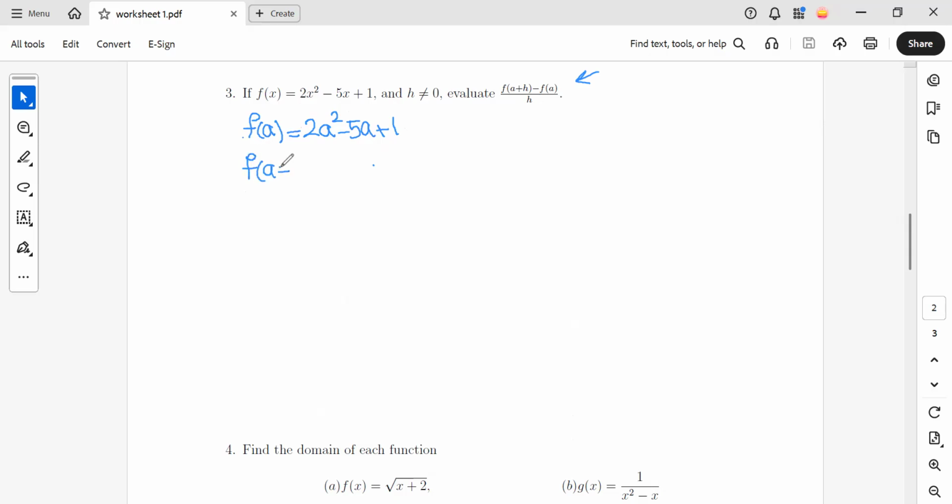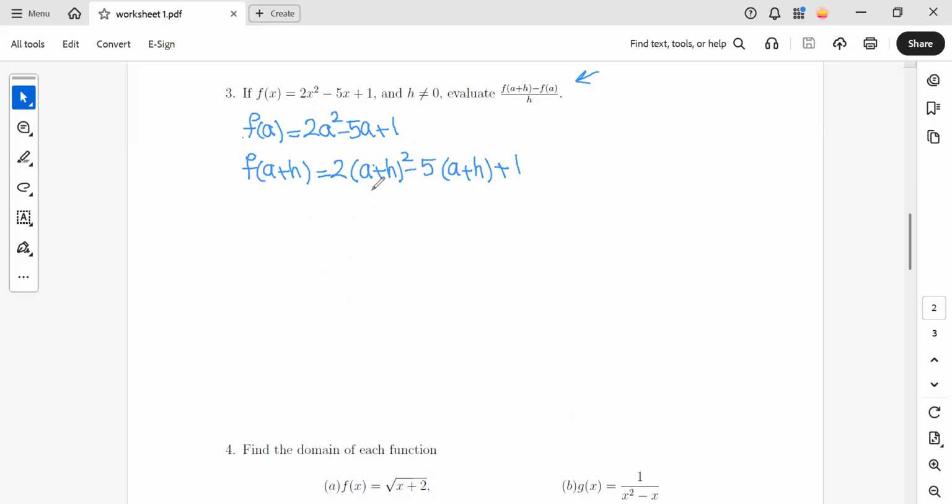F of a plus h. With the same idea, I would write a plus h instead of every x that I see. It would be 2 times (a plus h) squared minus 5, not x. Instead of x, you write (a plus h), plus 1. And now, again, you have two options to find (a plus h) squared.